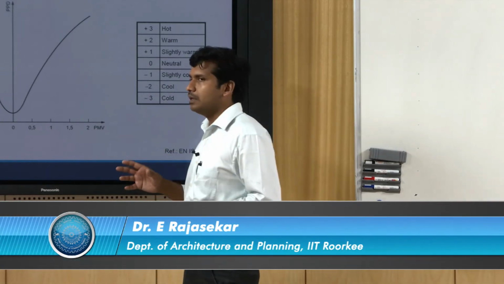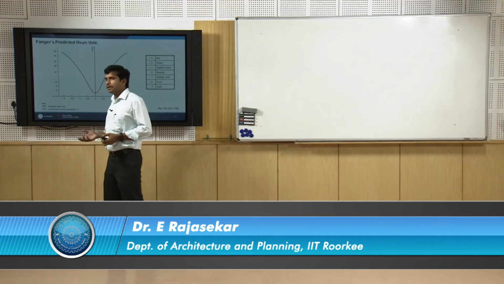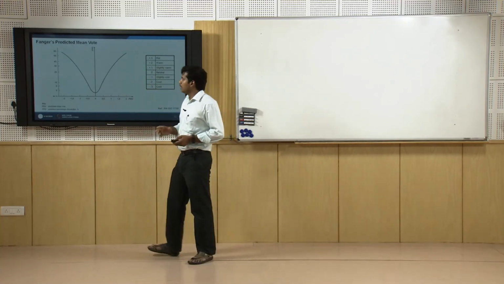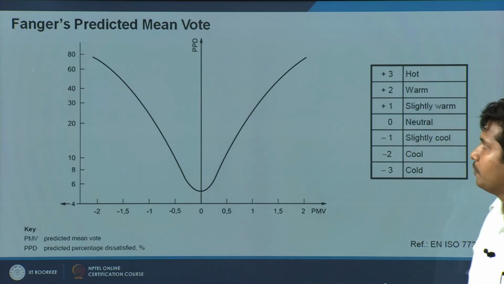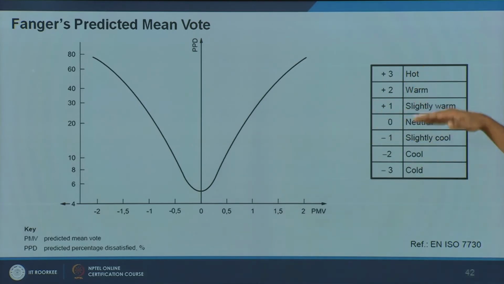Based on this, he also determined another indicator called predicted percentage dissatisfied. At certain combinations of environmental conditions and personal variables, what percentage of people are really feeling uncomfortable. This is an inverse bell shaped curve. The vote is a double Likert scale. It starts from 0, which is neutral.